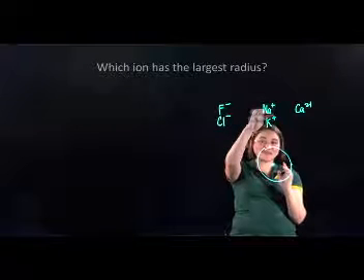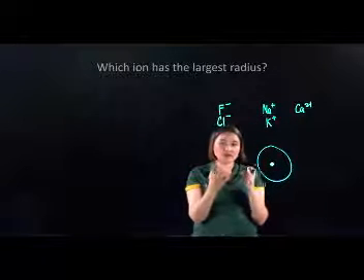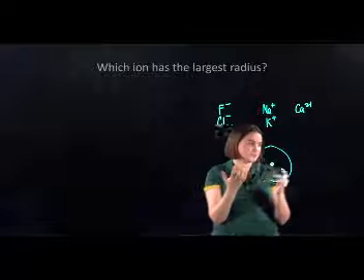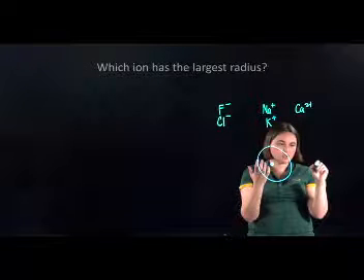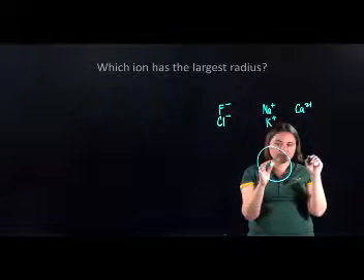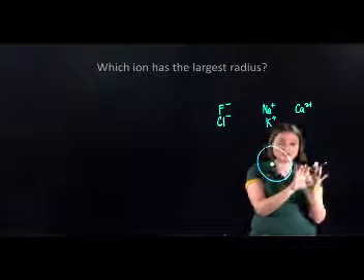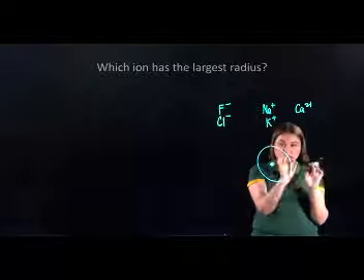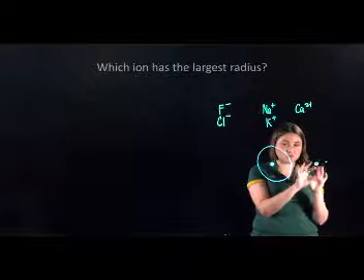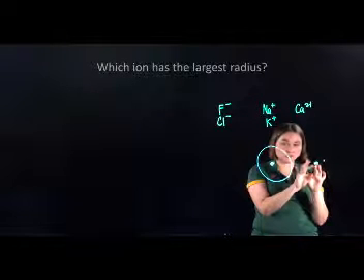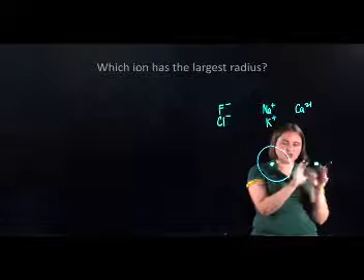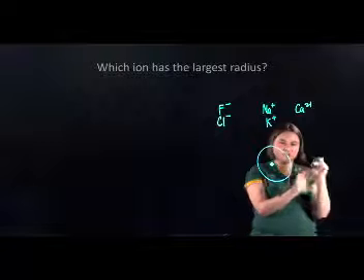When I make a cation, I have actually lost those electrons, right? So what happens is that my nucleus, which hasn't changed size, keep that in mind. Your nucleus is always going to have the same number of protons and neutrons, assuming you haven't changed isotopes. So it doesn't change size at all.